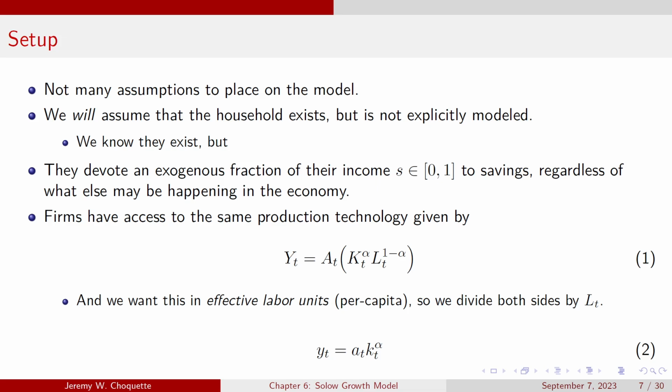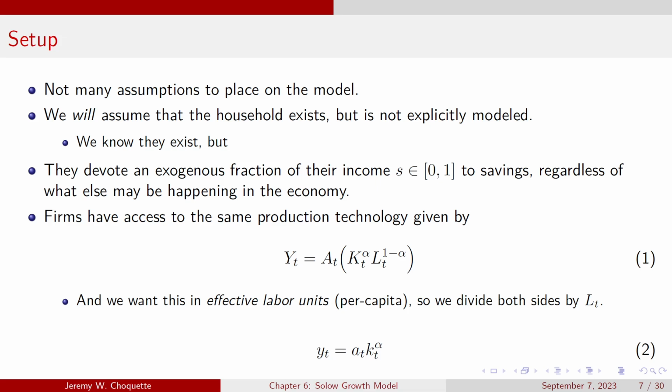Now, firms also have access to the same production technology. So there can be a plethora of firms, and they all have access to what you see in equation 1, right? This is the aggregate production function that we've seen from the chapter on GDP. And what we want is this to be in effective labor units, right? So like per capita labor units. Now, I'm kind of flying through this stuff because you're not really going to need to know how to do this.